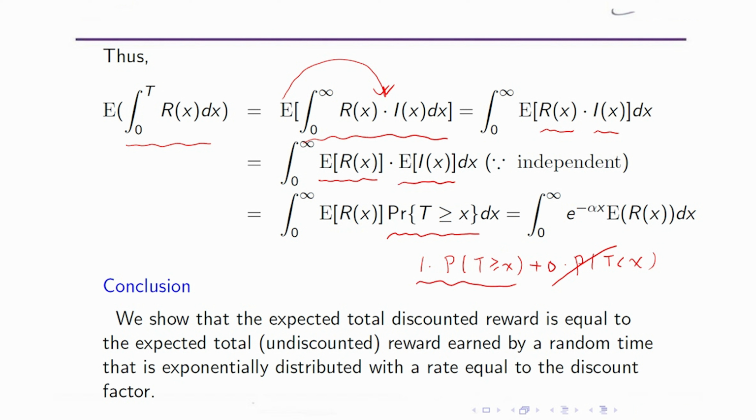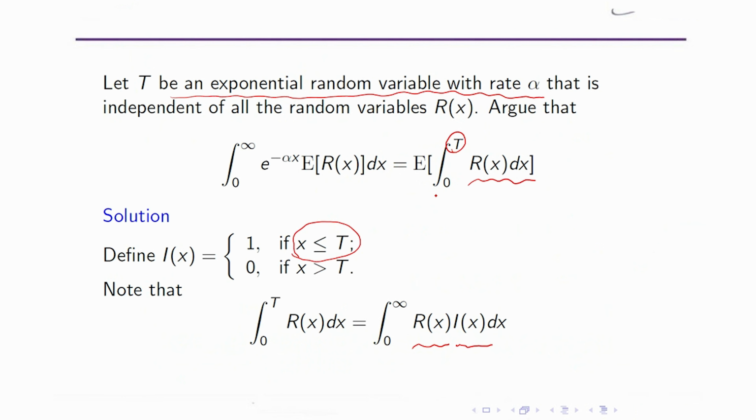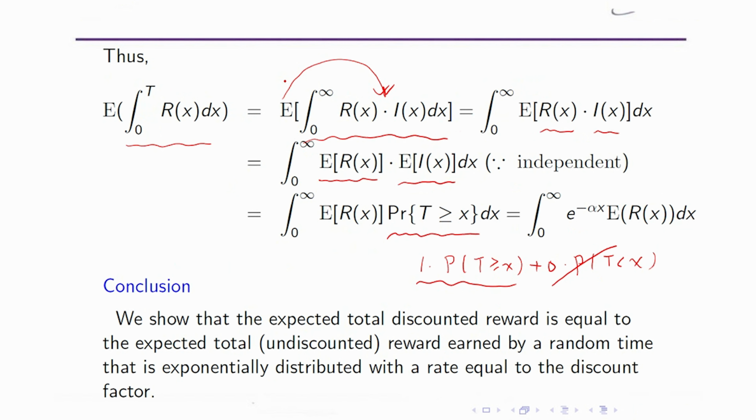So, because this t is an exponential random variable, we have made sure of that, the probability that t is greater than or equal to x will be e to the minus alpha x.